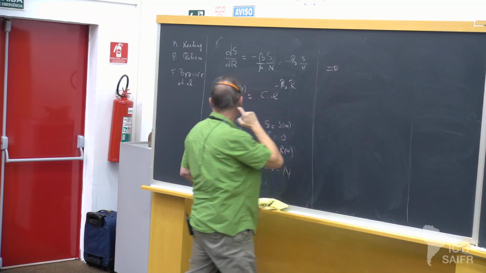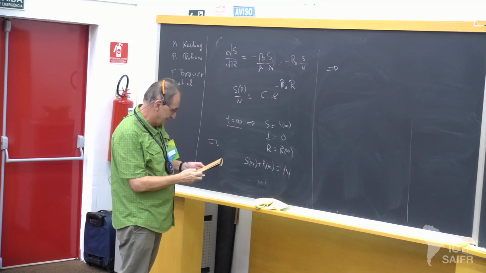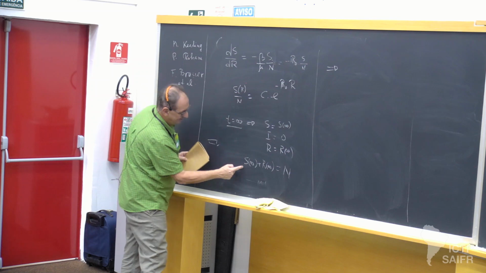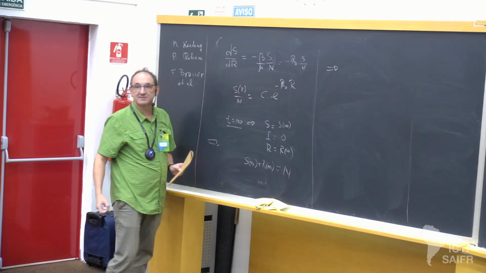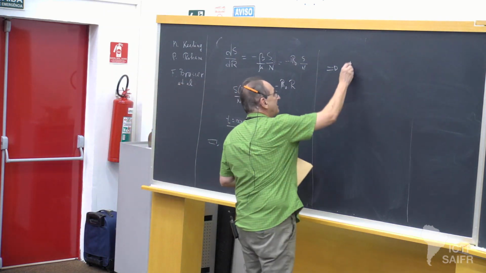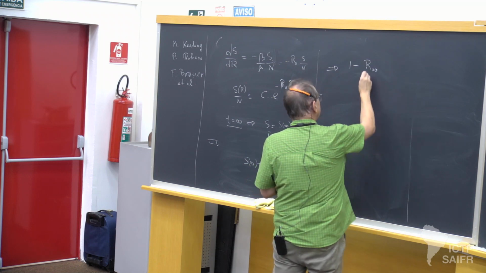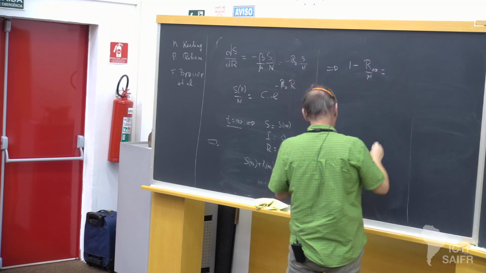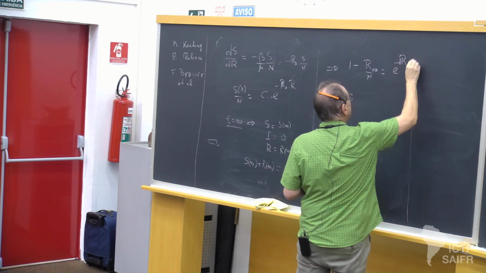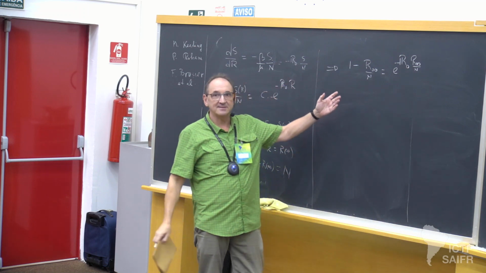This means that we have an equation where S over N is the same as 1 minus R infinity over N. So 1 minus R infinity over N is equal to e to minus R0 times R infinity over N. So what is this?